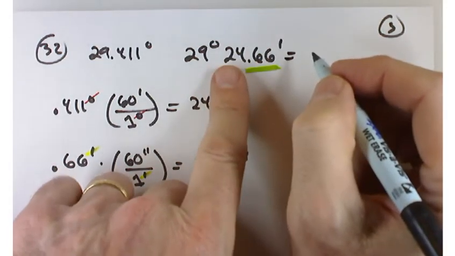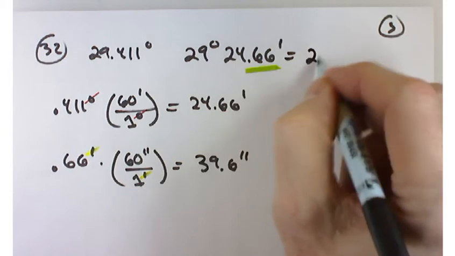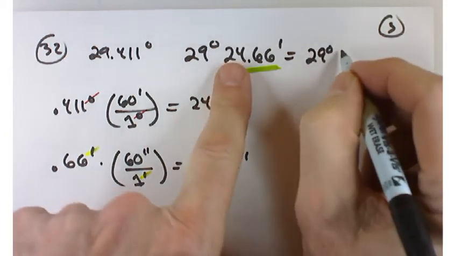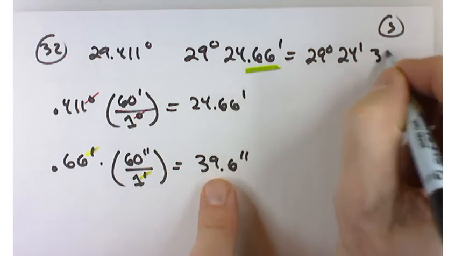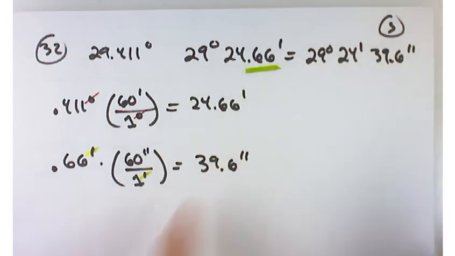So to finish this up, I've got 29 degrees, 24 minutes, and 39.6 seconds. All right. How are we looking with that one? Looking okay there?